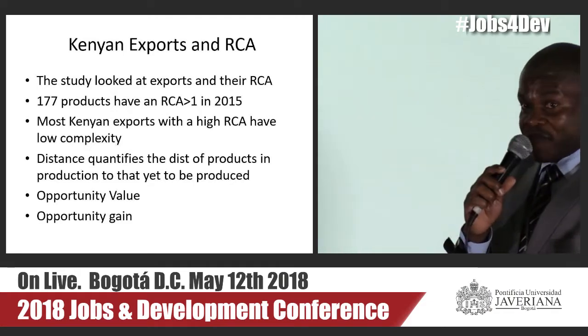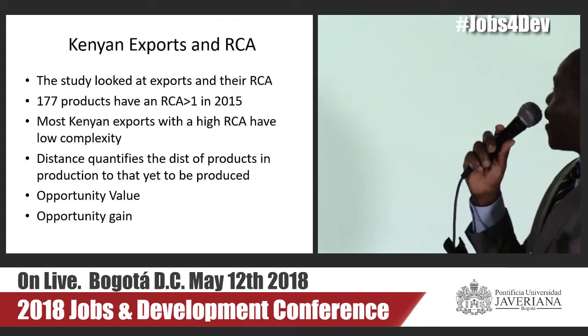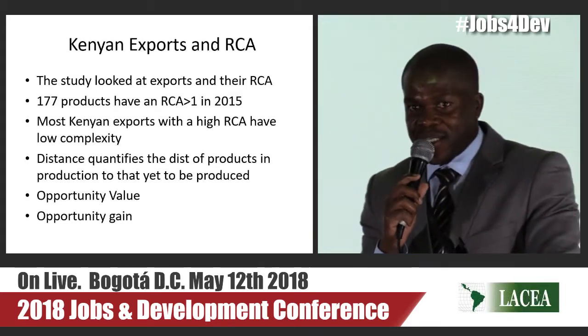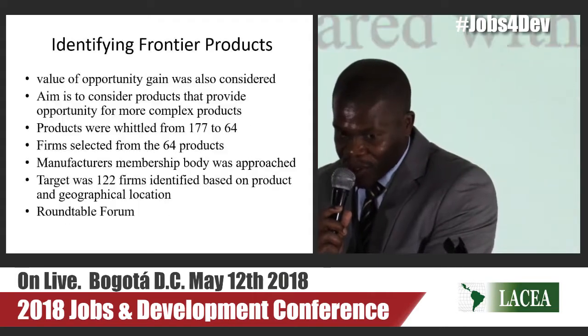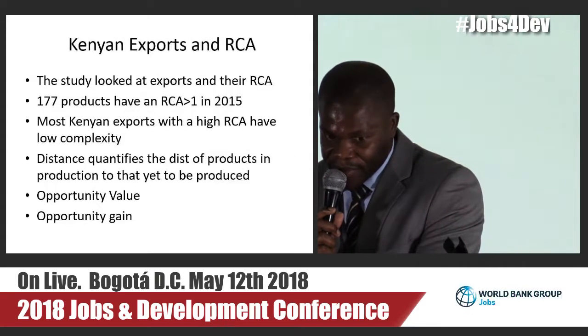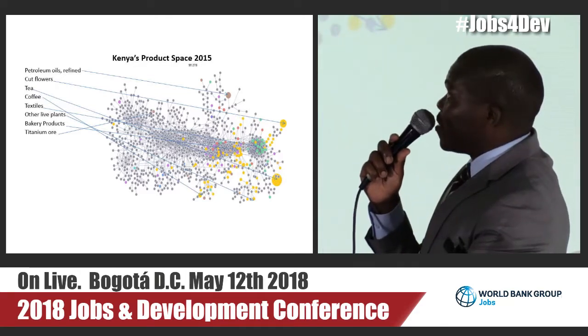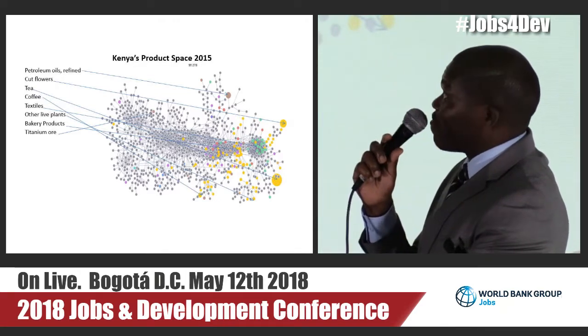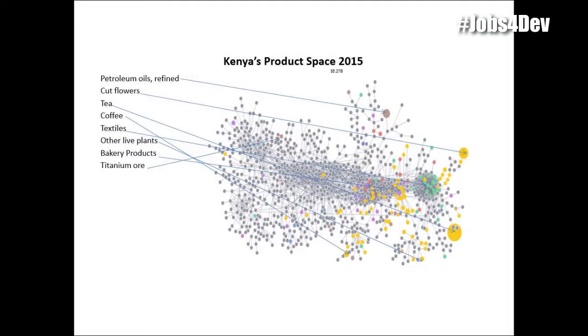That was in 2015. Most of the Kenyan products with a high revealed comparative advantage had low complexity, as we had seen from this diagram. Most of these are products that have a revealed comparative advantage, but they have a very low level of complexity.